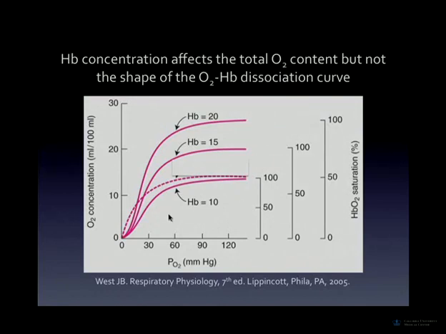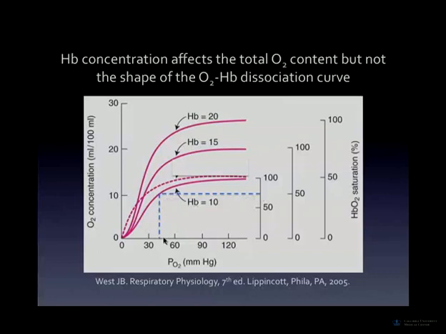If we start out with a hemoglobin of 10 grams per deciliter, which is anemia, we see that the hemoglobin is still 100% saturated at a PaO2 of 100 millimeters of mercury. And it's still 75% saturated at a PaO2 of 40 millimeters of mercury.